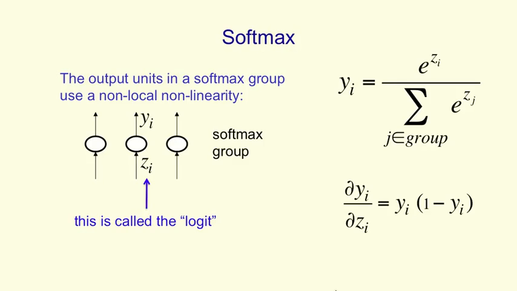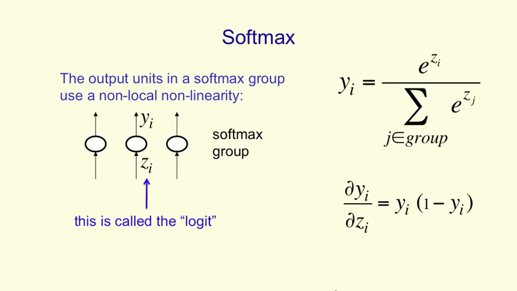The softmax equation has a nice simple derivative. If you ask about how the yi changes as you change the Zi, that obviously depends on all the other Z's. But then the yi itself depends on all the other Z's.